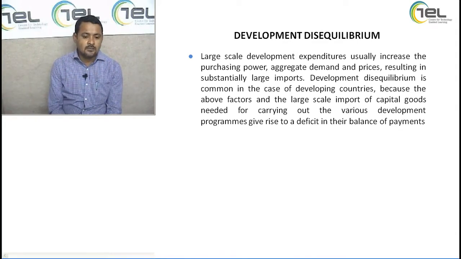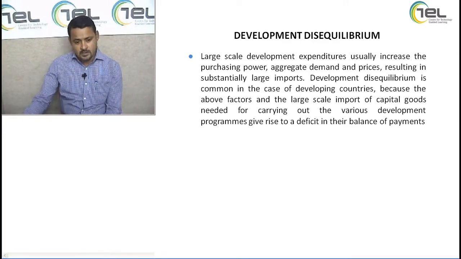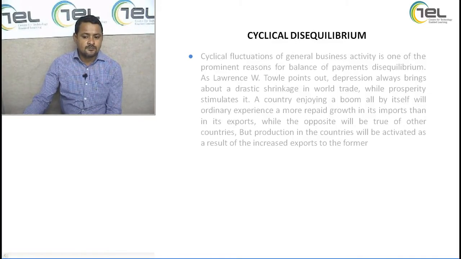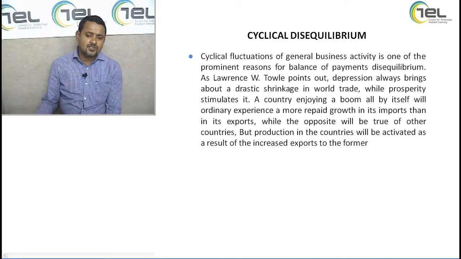So that's why there is a deficit in our balance of payment, because we are taking more loans, importing more goods, equipment, machines and technology from outside. So development disequilibrium is rising because of the large scale need to build infrastructure and developmental activities.